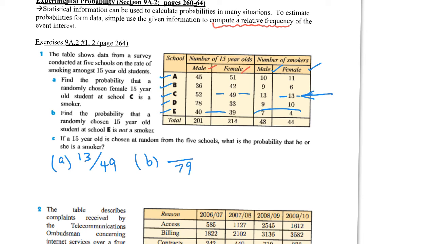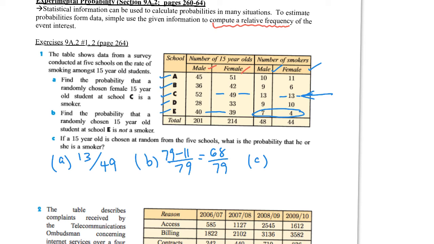Apparently there's a total of 11 smokers, so that means we must have 68 out of 79 non-smokers. So you see this is nowhere near as simple as the frequency tables in the beginning of section 9A. These frequency tables are a little more complicated.